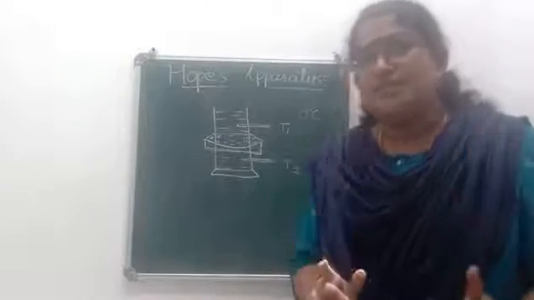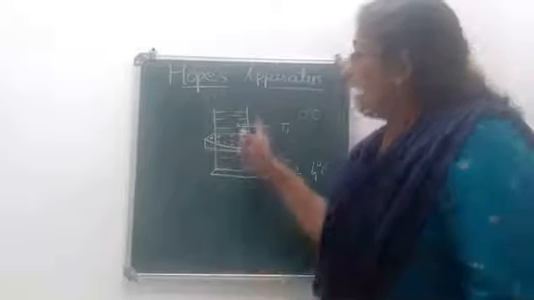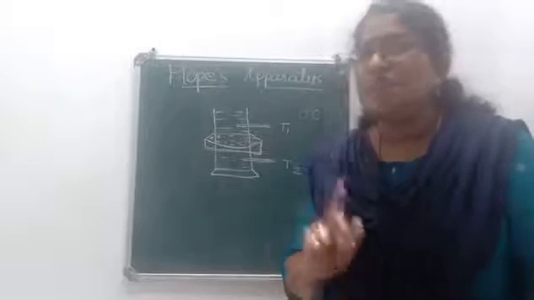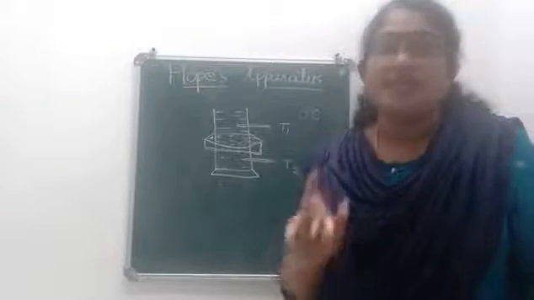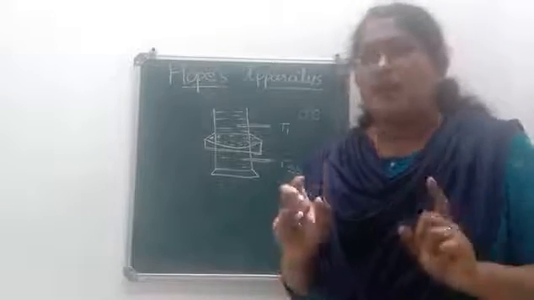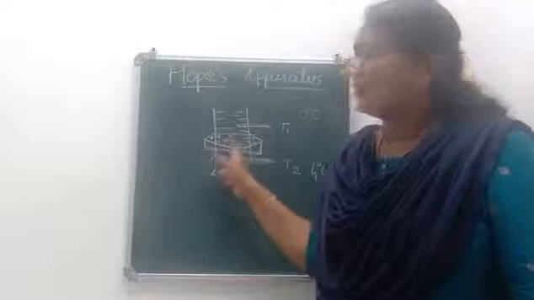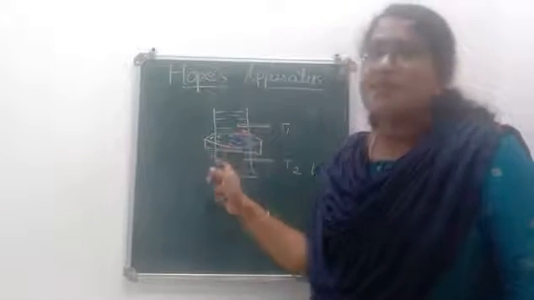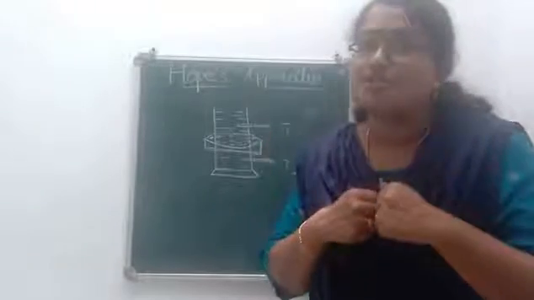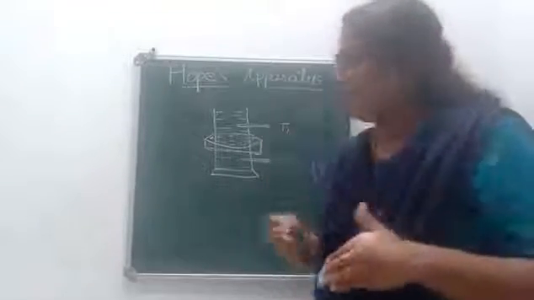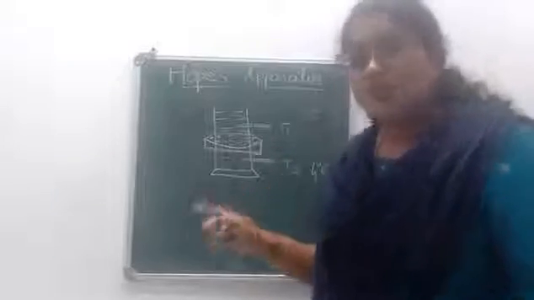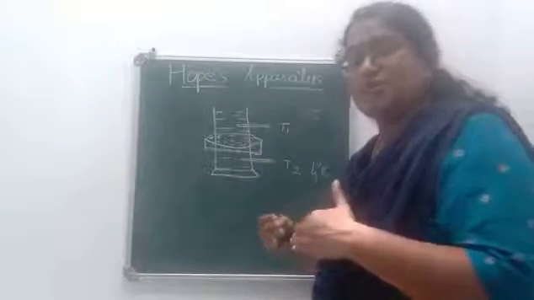So once again I will give the explanation. At first, both the thermometers T1 and T2 will give the same temperature, that is room temperature. Now, due to the ice or the freezing mixture present in the center, the water molecules present in the central region get cooled and their temperature falls, and that will be shown by the thermometer T2, from room temperature the temperature falls.